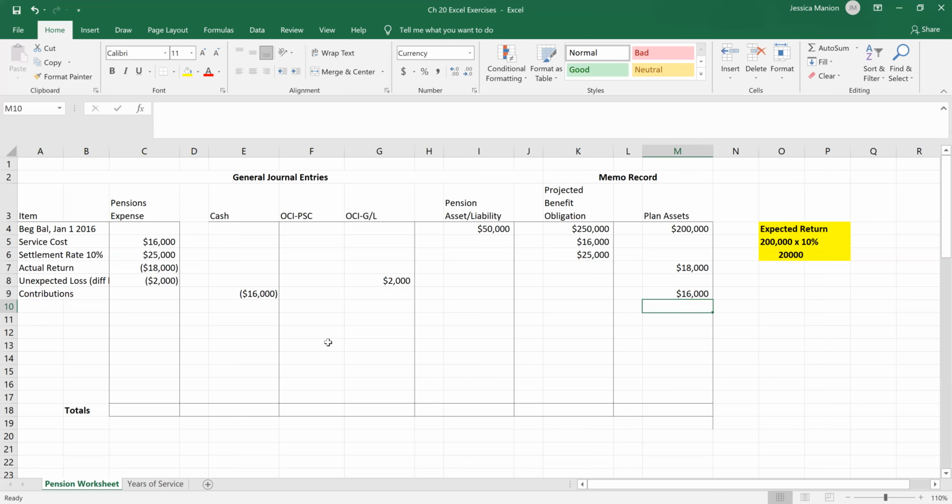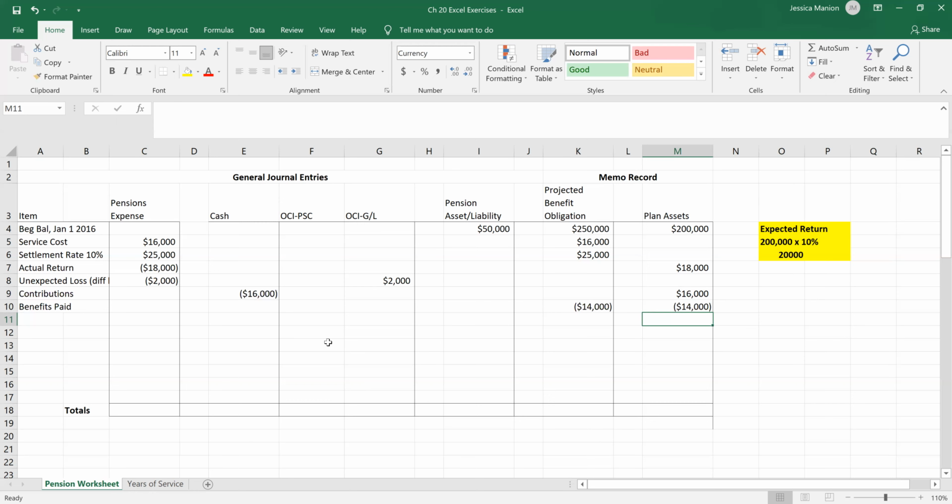What else do we have here? Benefits paid is our next number. Remember, the benefits paid are paid by the plan administrator. So benefits paid decrease the projected benefit obligation. And what did we pay out in benefits? 14,000. So they decrease the projected benefit obligation and decrease the plan assets. That is how we handle the benefits there, right?